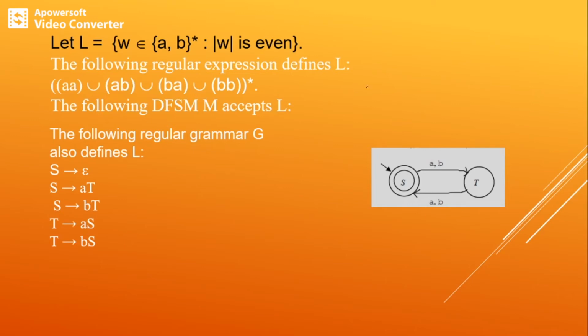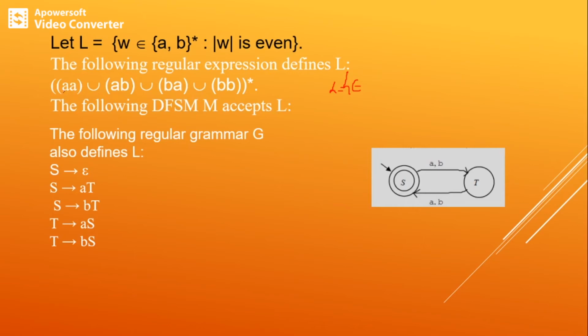Now, since the language contains epsilon, the start state must contain epsilon. S gives epsilon. Yes, epsilon I have added. Then what do we have? It's a combination of A and B, but each string should have a length of at least 2. How do we obtain the length 2?